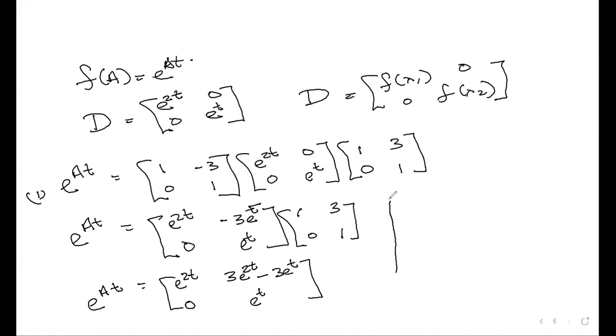So let me put A to the 10th over here. That's 1, -3, 0, 1. And then this is going to be 2 to the 10, 1 to the 10.